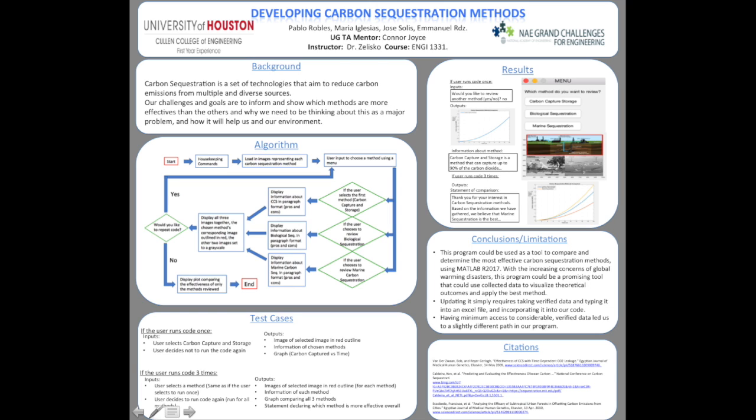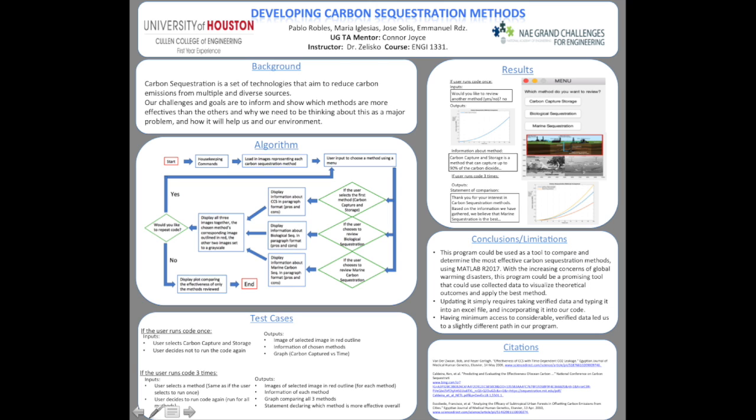For our algorithm, we decided to make a flow map. At the beginning, we started with our housekeeping commands. Then we loaded all the data and all the images using the xlsread function and the imread function. After that, we use a menu function to ask the user which of the three methods they would like to review.